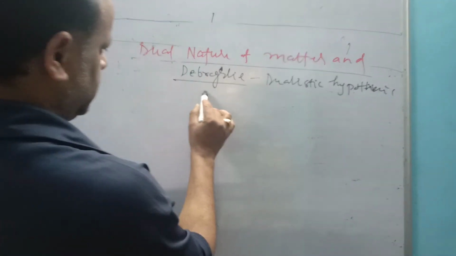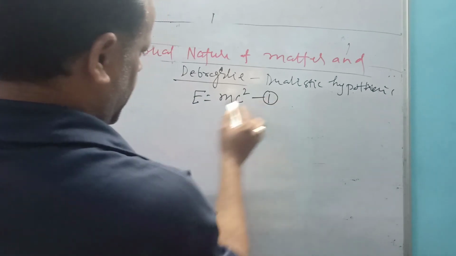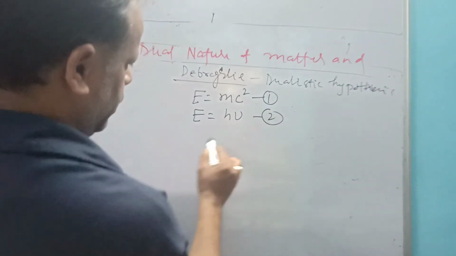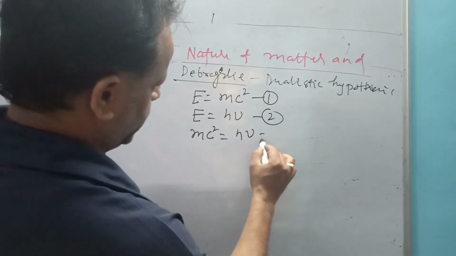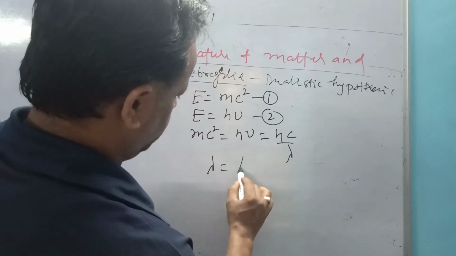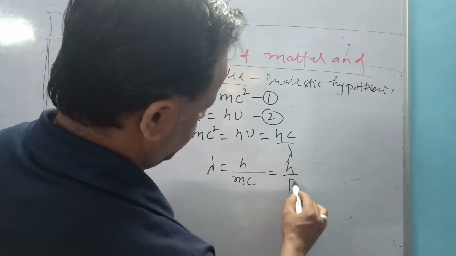That is E is equal to mc square. Then we had E is equal to h nu, and when we equated them out, it comes out to be what? h nu, that can be written as hc by lambda. Lambda will be equivalent to h by mc, that is equal to h by p.